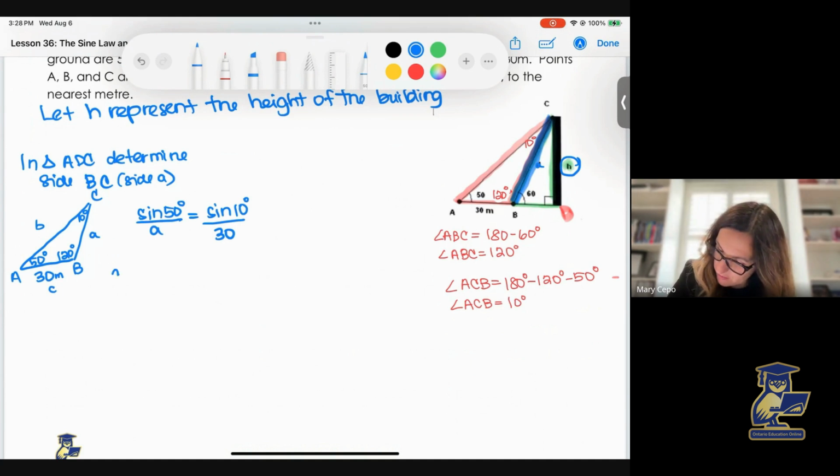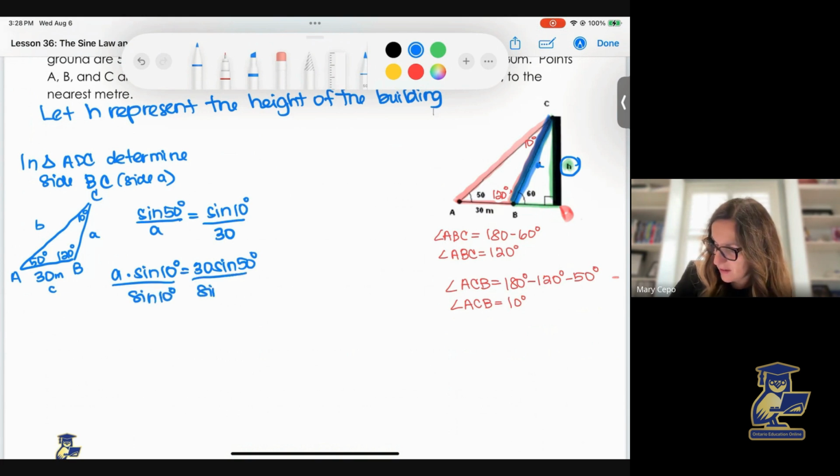So cross multiplying would be A times sine of 10 degrees equals 30 sine 50 degrees. So we're going to divide this by sine of 10 degrees, divide that by sine of 10 degrees. So A is going to equal 30 times sine of 50 degrees all over sine of 10 degrees.